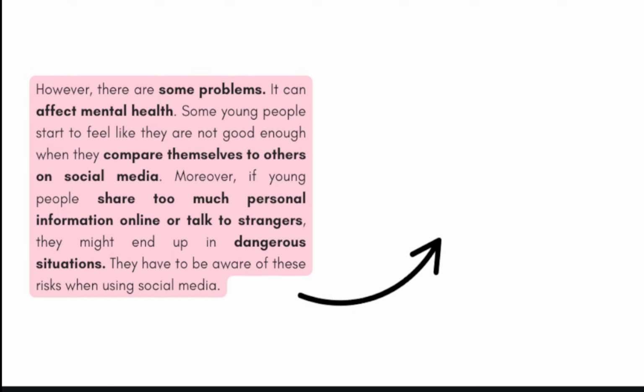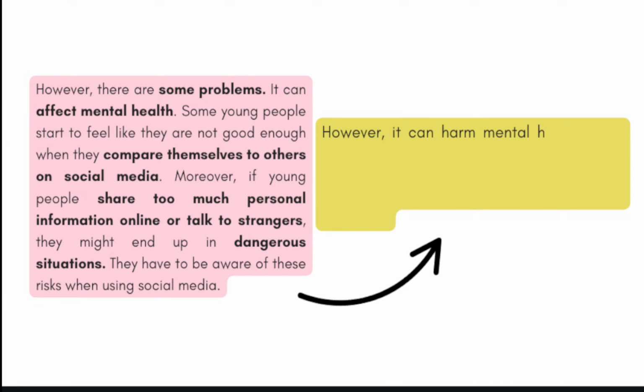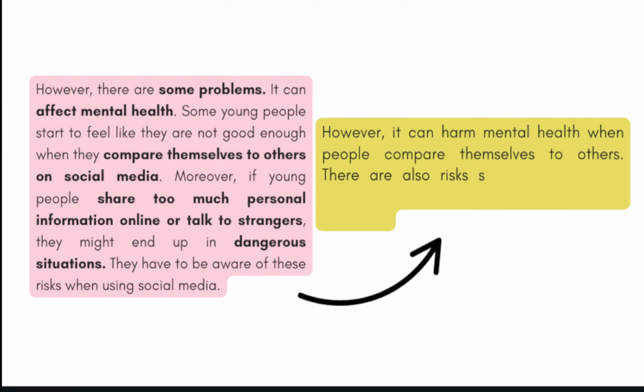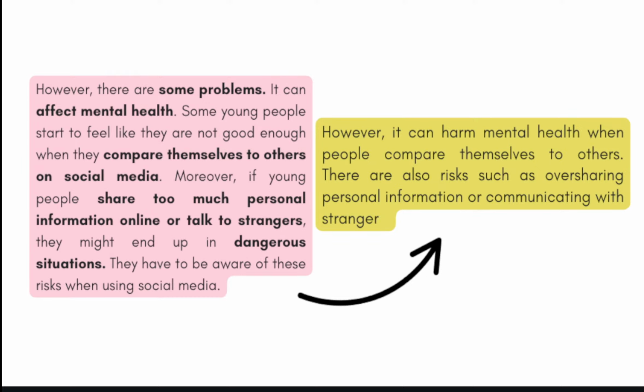What are the problems? We're gonna start with however, okay? However, it can harm mental health when people compare themselves to others. There are also risks such as oversharing personal information or communicating with strangers.